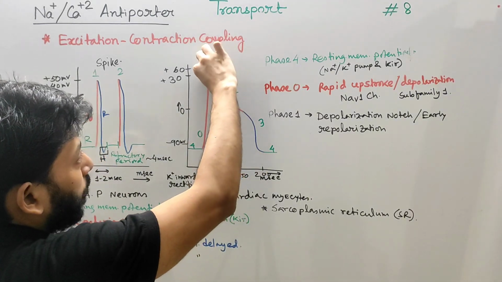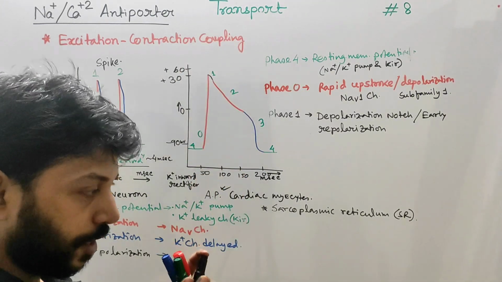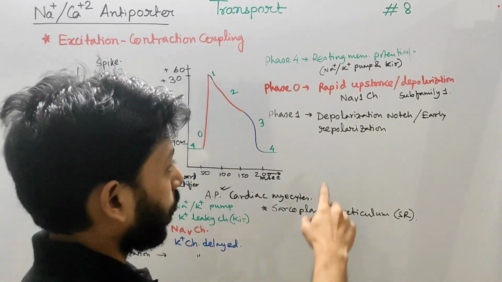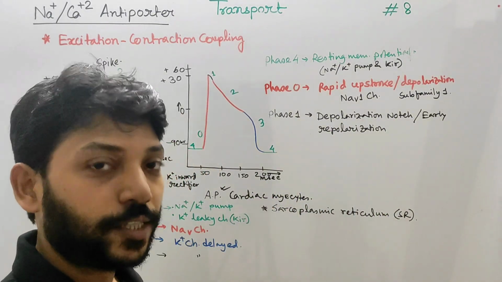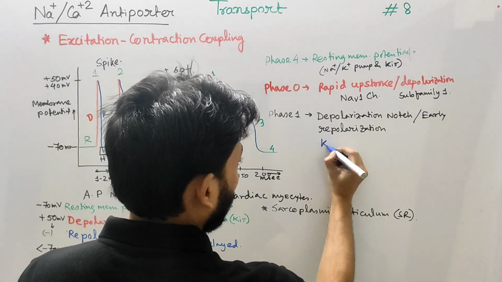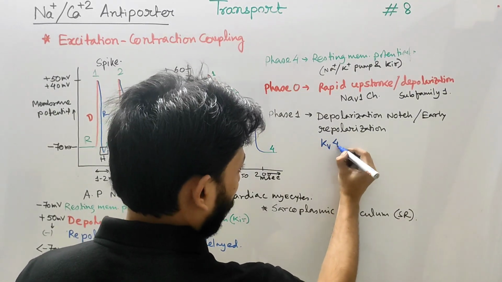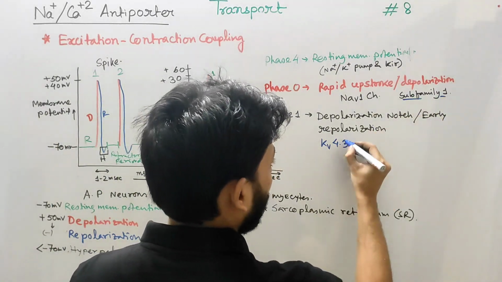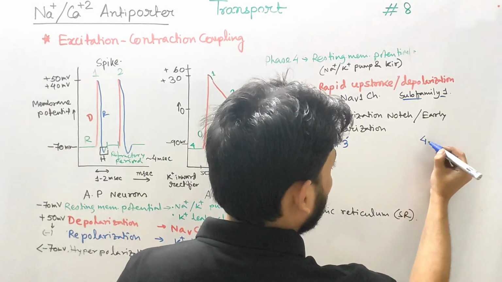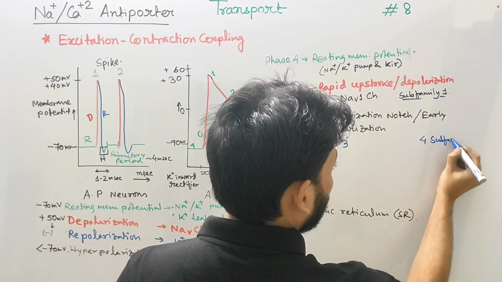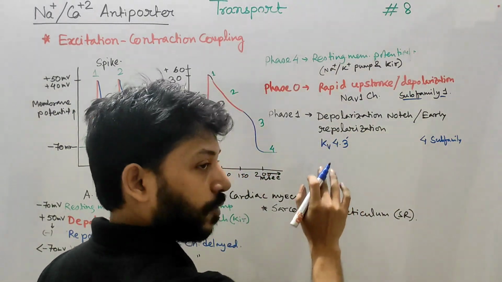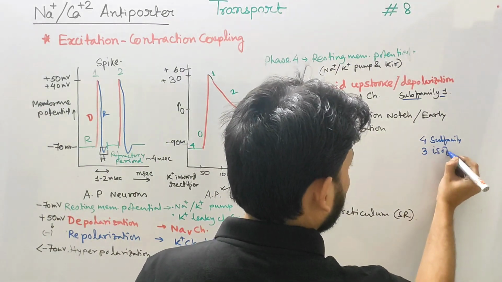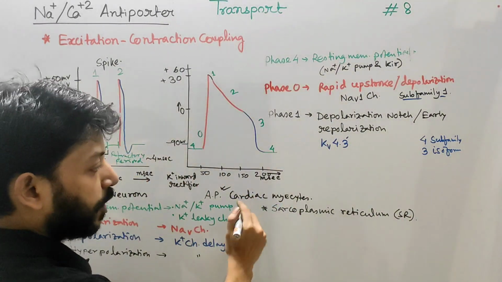In this short phase, phase 1, the depolarization actually stops. That's why the depolarization notch or early repolarization starts. The first is the potassium channel, voltage gated potassium channel 4.3. Here the first number is the subfamily and the second is the isoform. So 4 is the subfamily, voltage gated potassium channel subfamily 4, and 3 is the isoform, specifically for cardiac myocytes.